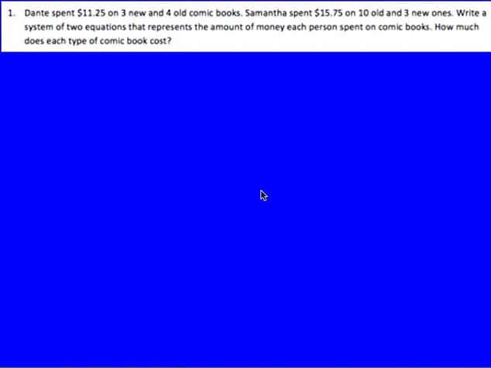It says here that Dante spent $11.25 on 3 new and 4 old comic books. Samantha spent $15.75 on 10 old and 3 new ones. Now we need to write a system of equations that represents the amount of money each person spent on comic books.